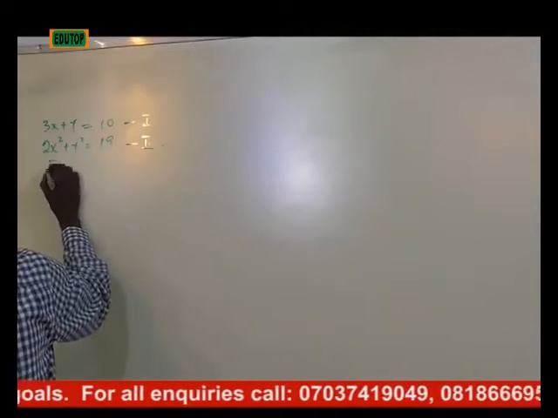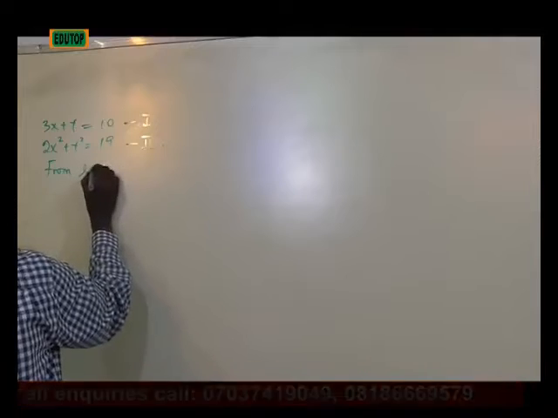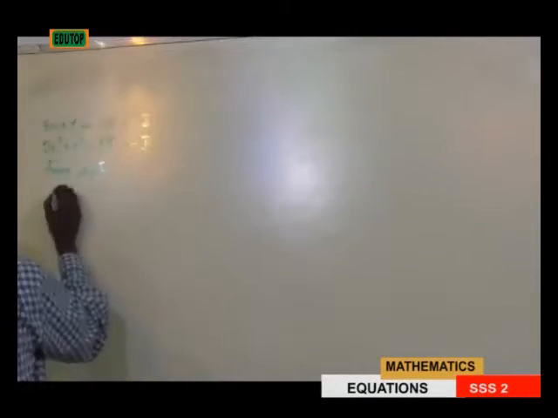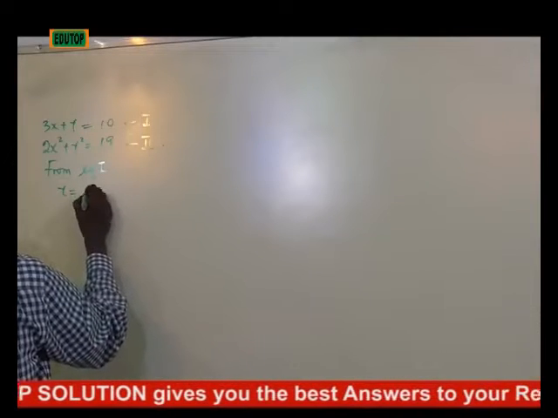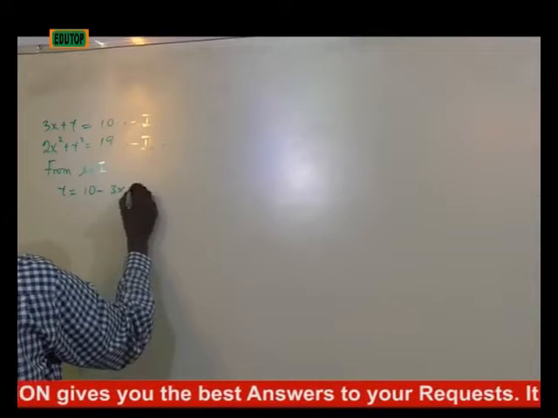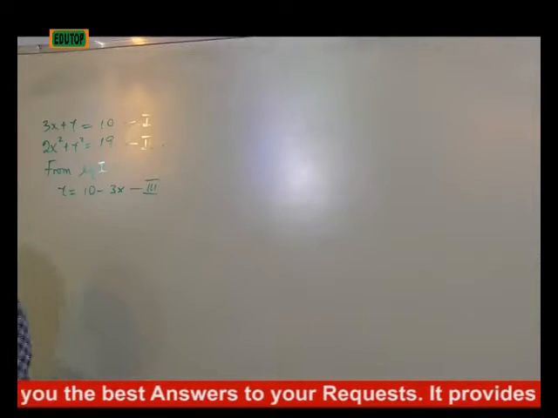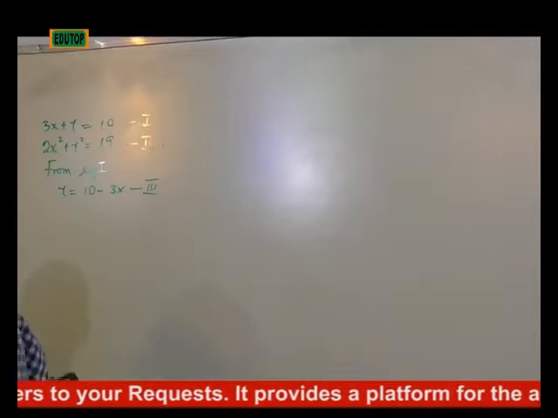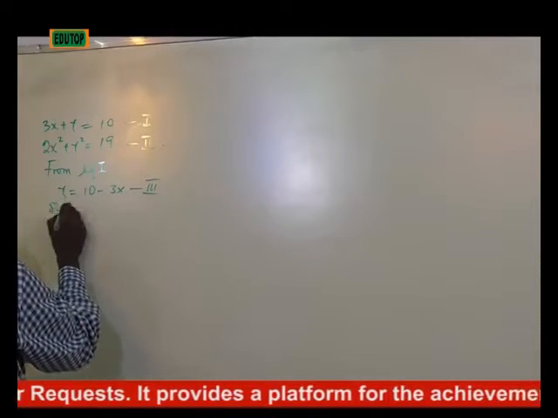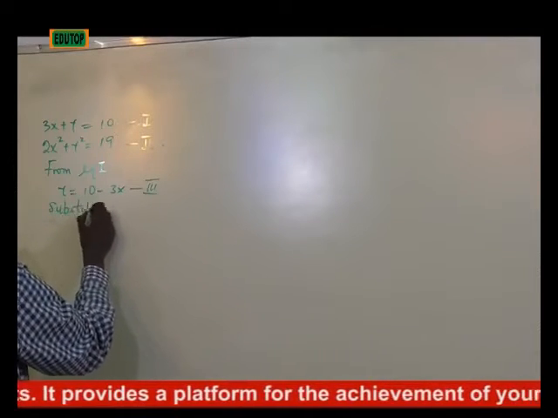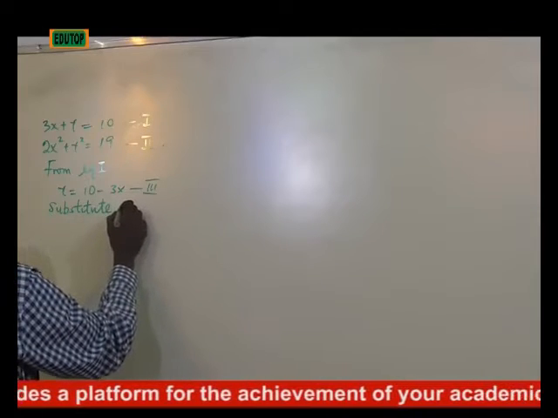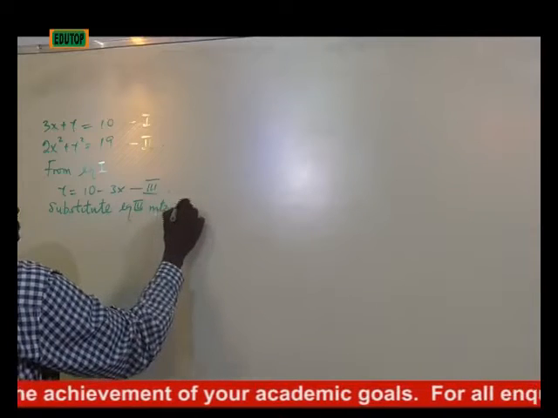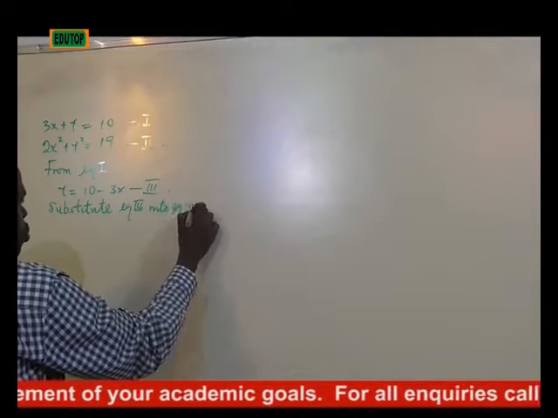From equation 1, it can be deduced that y is equal to 10 minus 3x, equation 3, by taking this one to the other side. Then we now substitute equation 3 into equation 2.